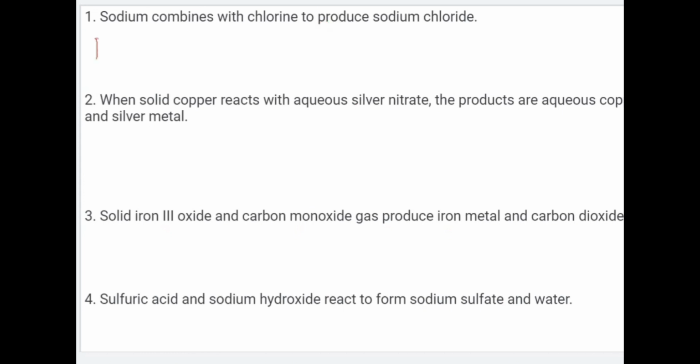So sodium is Na, and it combines with chlorine, which is Cl, to give NaCl, which is sodium chloride. But what's missing is that chlorine exists as a gas, so that's Cl2, right? Sodium is a solid. This is a gas, and it will give us sodium chloride, which is a solid.